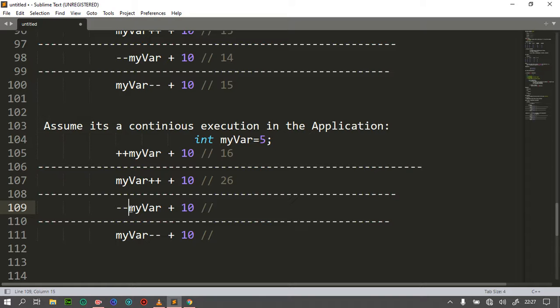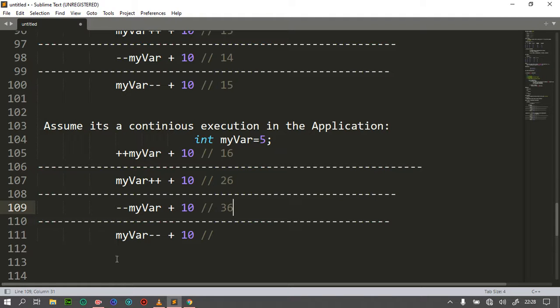Since it is a pre-decrement, it is going to lose the value. So instead of having 27, it's going to be 26. So it will be 26 plus 10, which is going to be 36. Guys, are we moving?